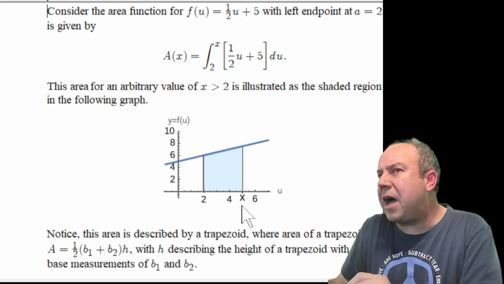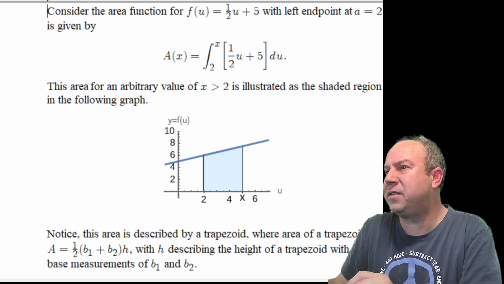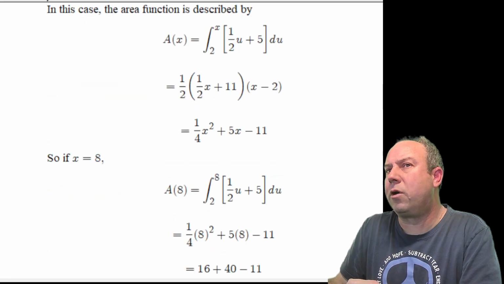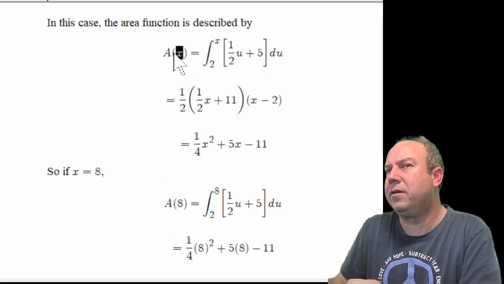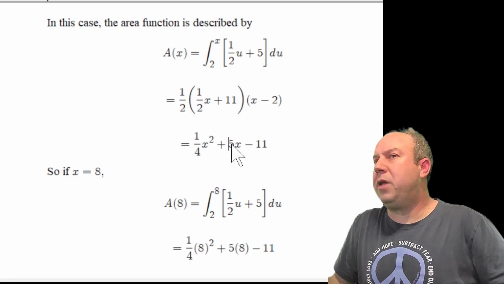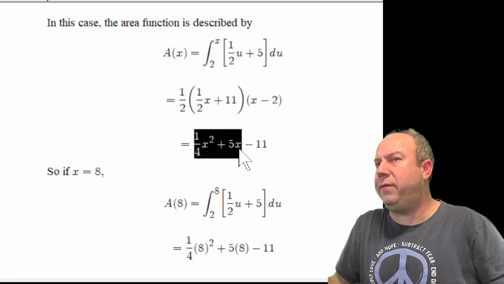If I would have stopped this x at 4, if I bring it back to 4, what would be the area inside there? Well, it would be A at 4. I plug 4 in here. That means 4 would go in here. That'd be 16. Cut into a fourth would be 4. Plug in 4 here, you'd have 20. So you'd have 4 plus 20 would be 24.